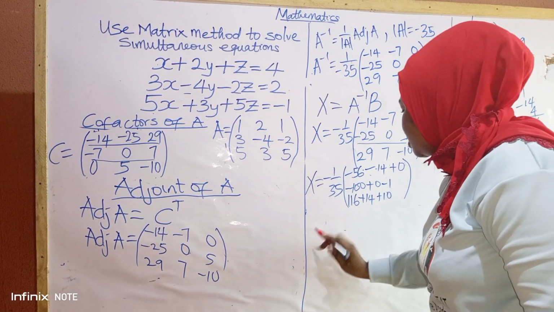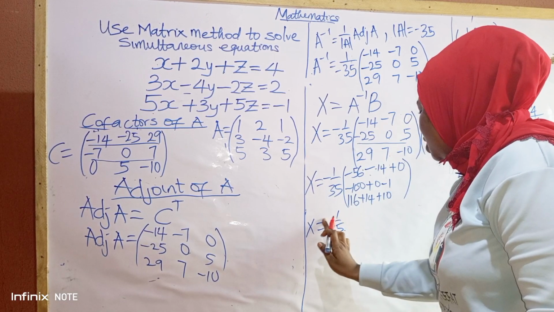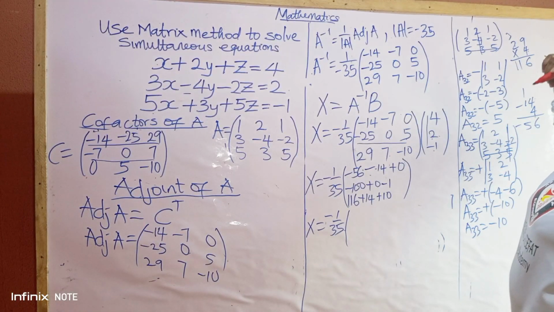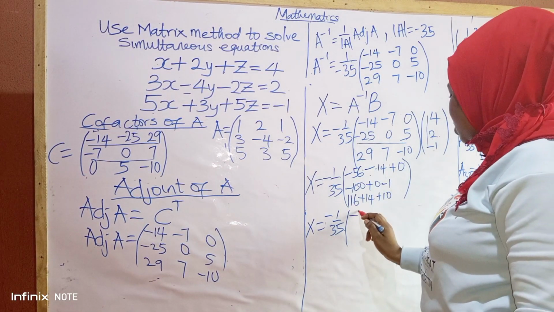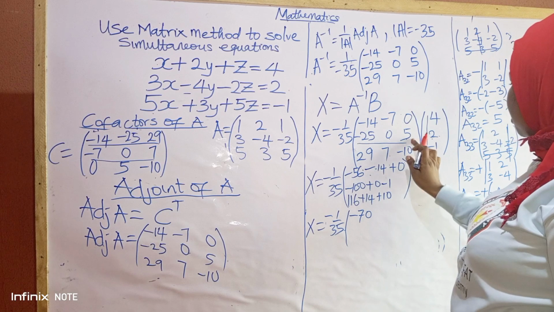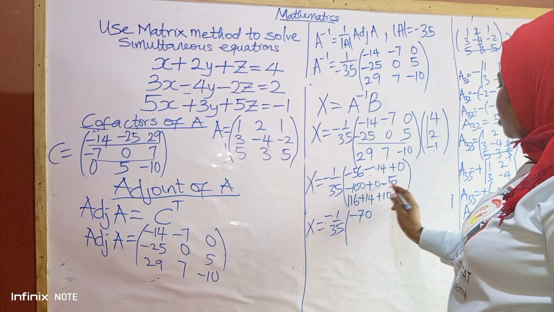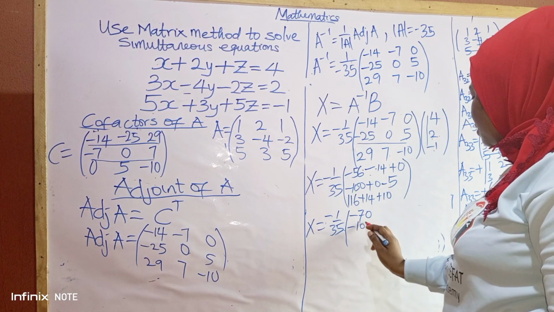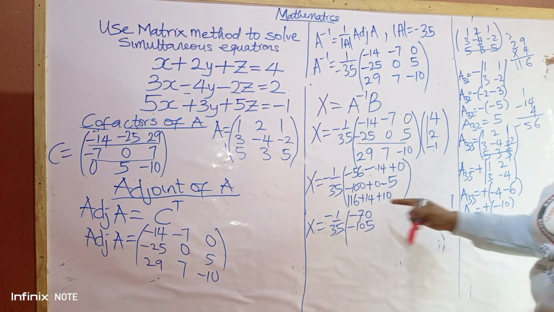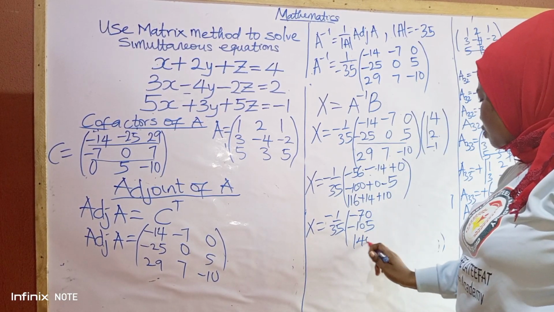So my x will now be equal to minus 1 over 35 multiplied by: minus 56 minus 14, that is minus 70. Minus 100 minus 5, that is minus 105. 116 plus 14 plus 10, that is 140.